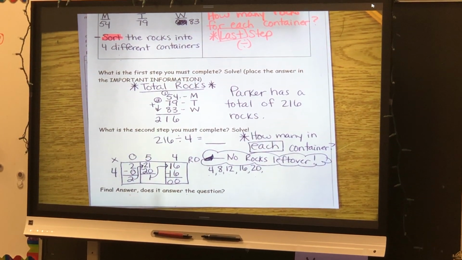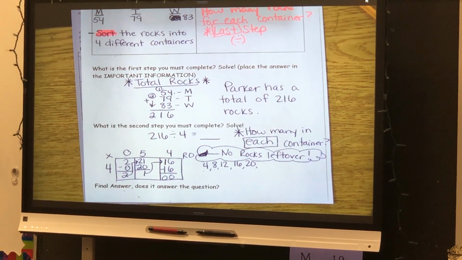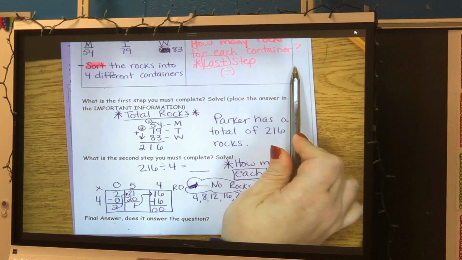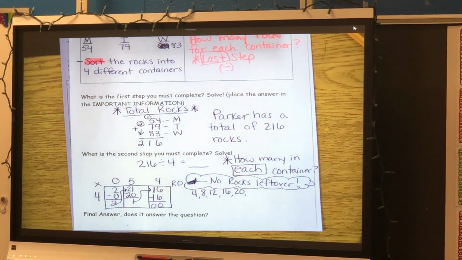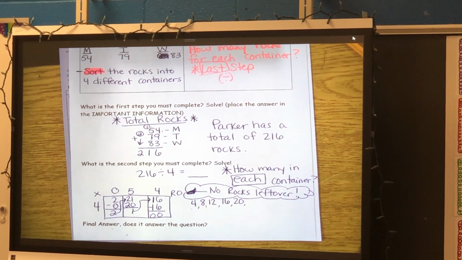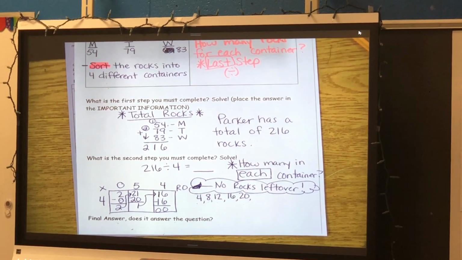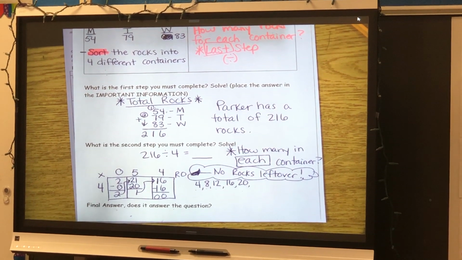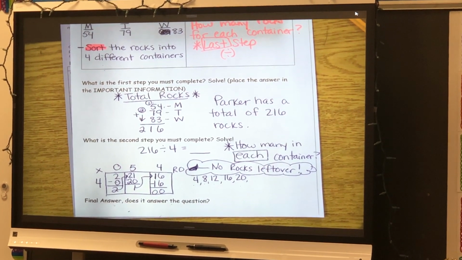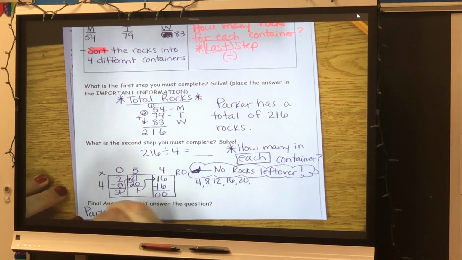Okay, so our final answer, we have to make sure 100% that it answers the question. Go back up to our question: how many rocks for each container? So how could we answer that in a complete sentence? He's going to put 54 in each container. Okay, let's use his name. What's his name? Parker. Parker, capital P for Parker.